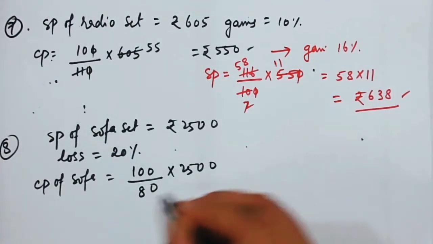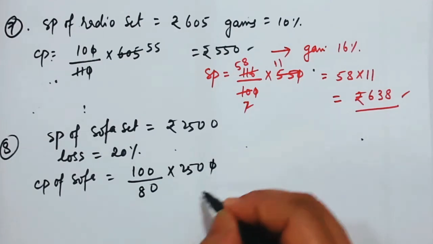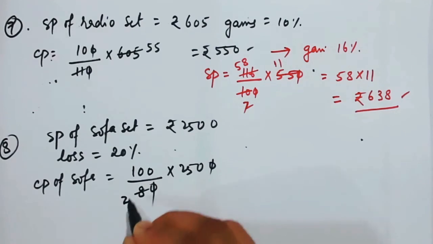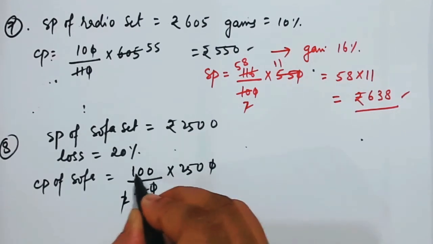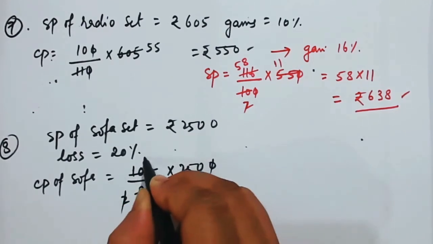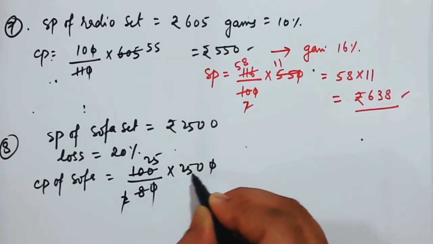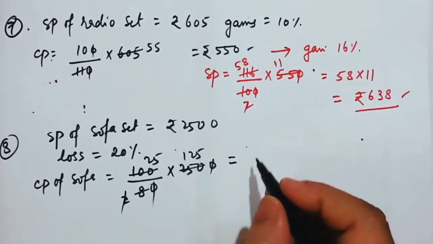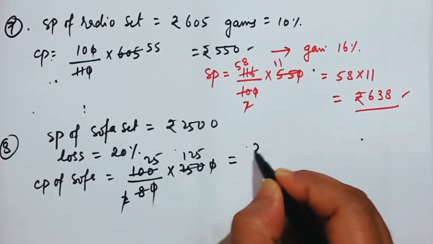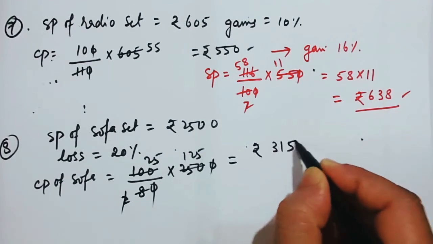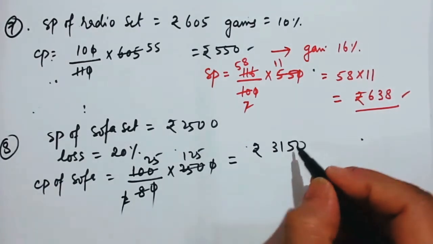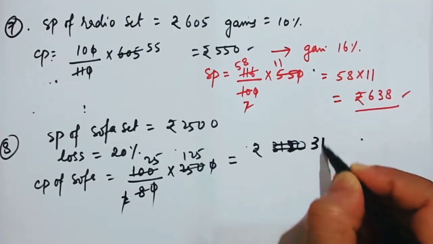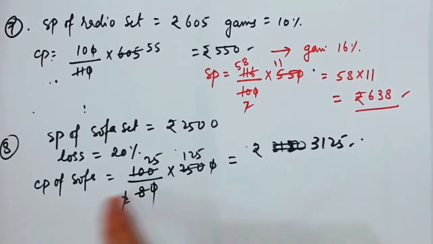So here on cancellation, 4 2 times, and 4 2 times and 4 25 times. Similarly, 2 how many times? 2 1 25 times, and you will get rupees how much? 3150, no, sorry, 25. 3125 rupees as the cost price of the sofa.